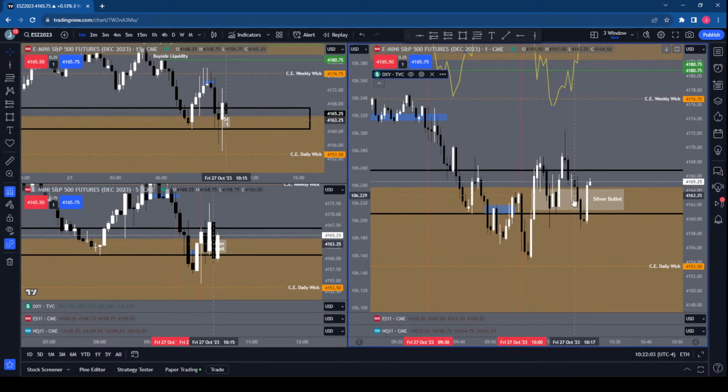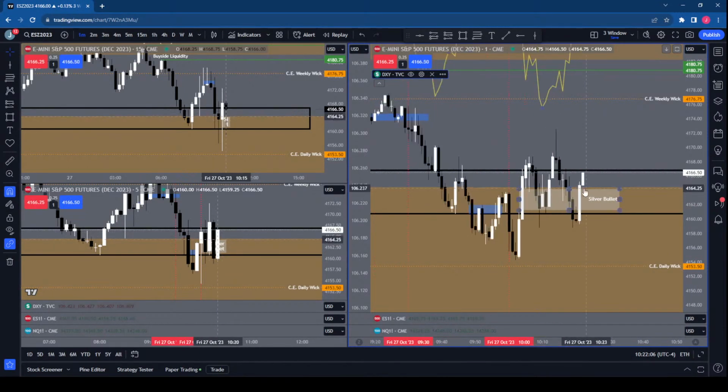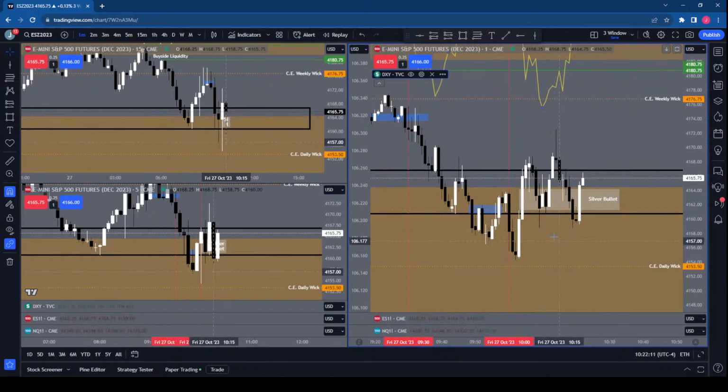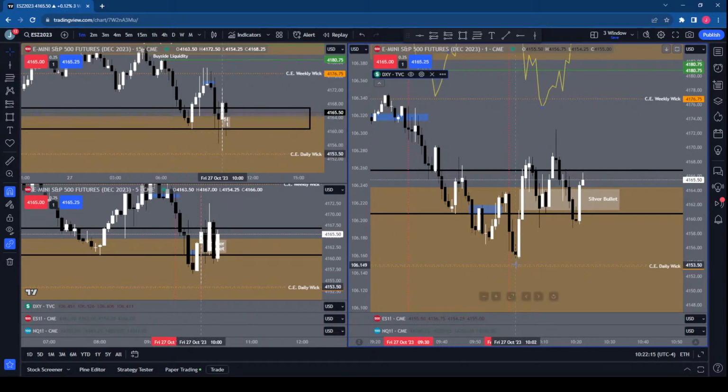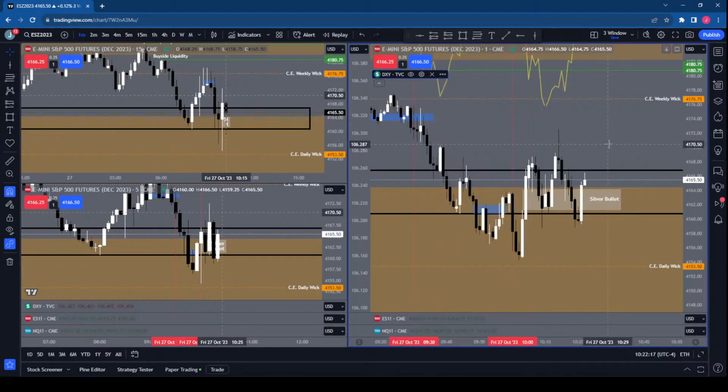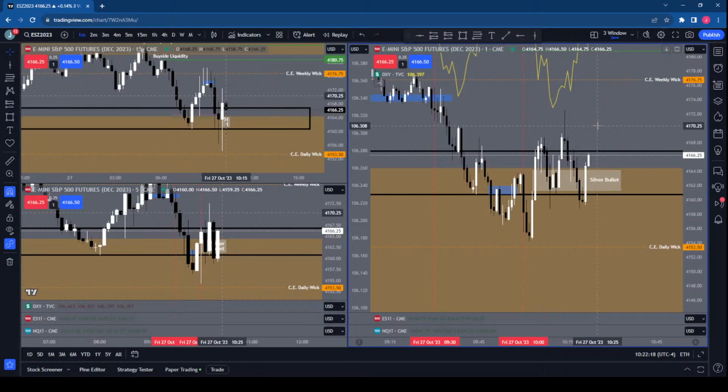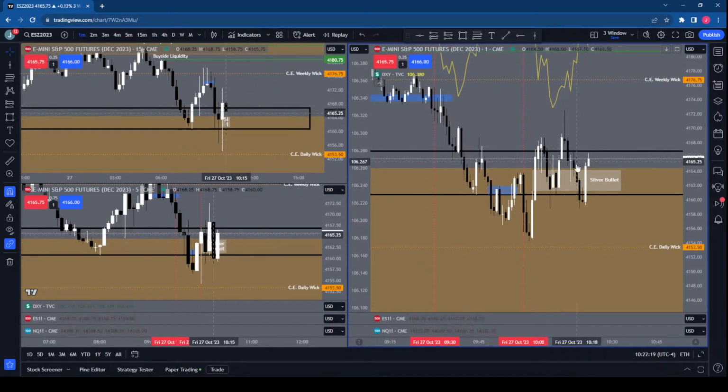Look at this. If you tried to enter this on the retest, where would you have put your stop? Right there? Probably would have got stopped out. I mean, you could have put it there, but just reading this, it's not doing what it should.